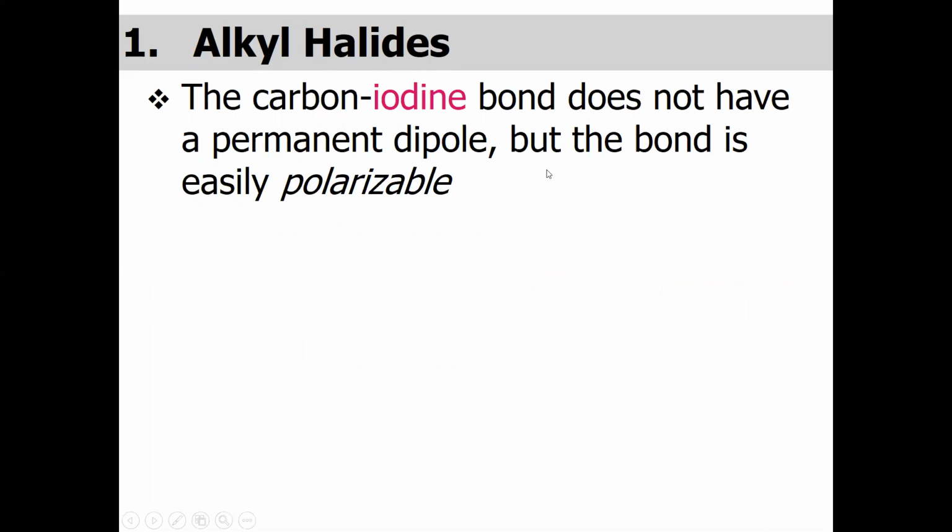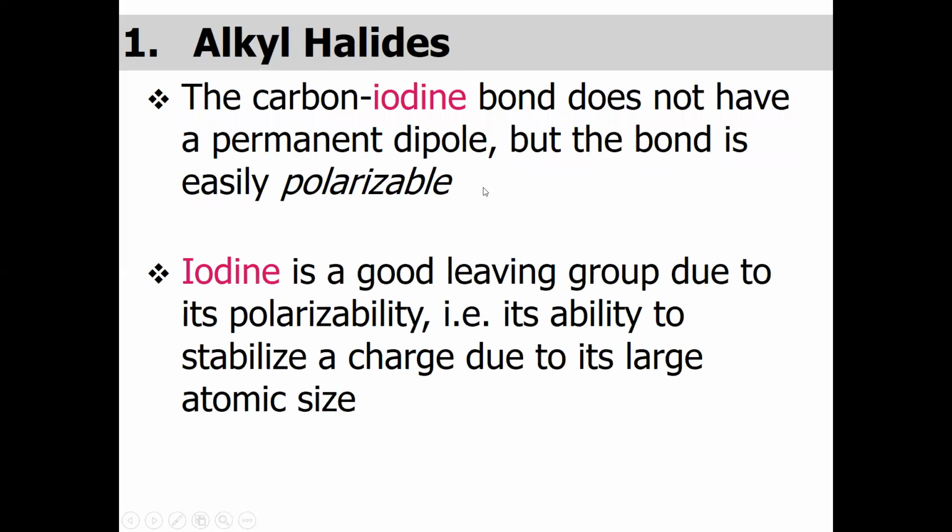In this case, we basically do not have a permanent dipole, but the bond is easily polarizable. It is because of the size of the iodine, because iodine is very much bigger in size. And iodine is a good leaving group due to its polarizability, that is, its ability to stabilize the charge, as I discussed already, due to its large atomic size.